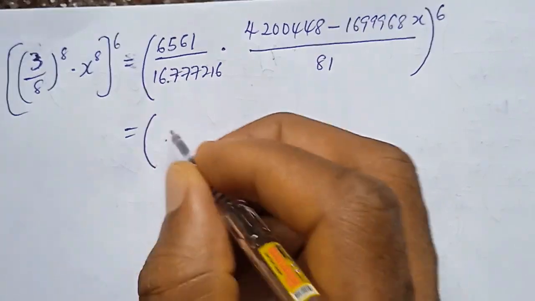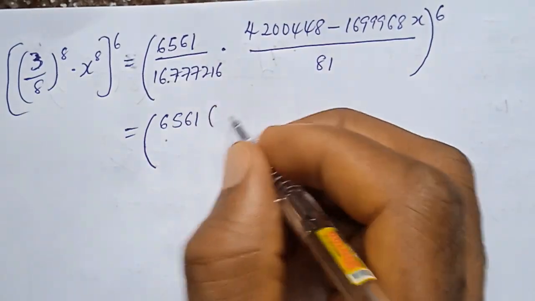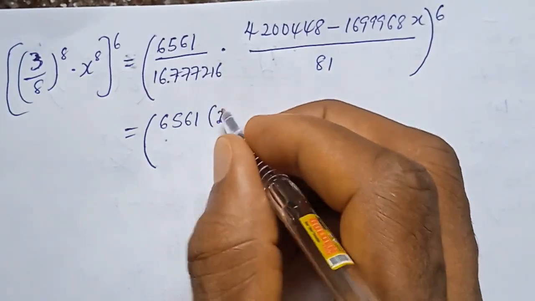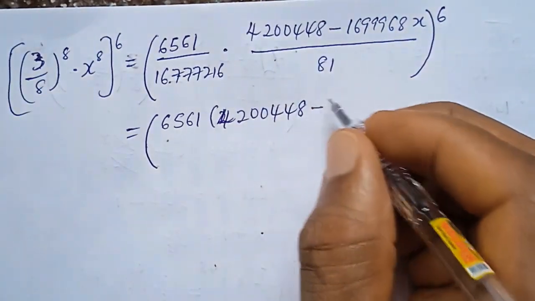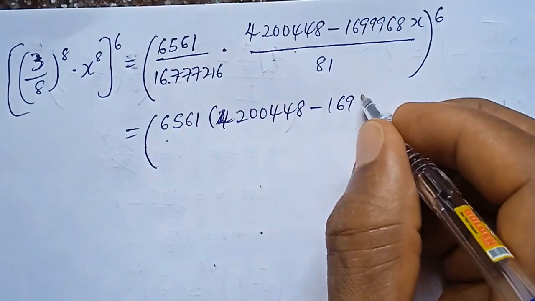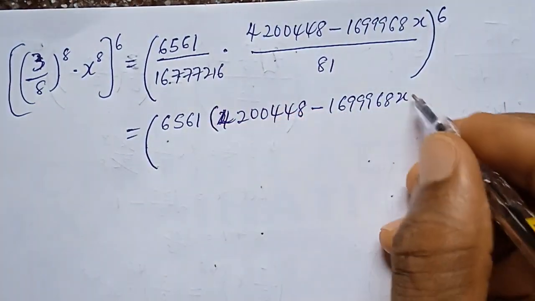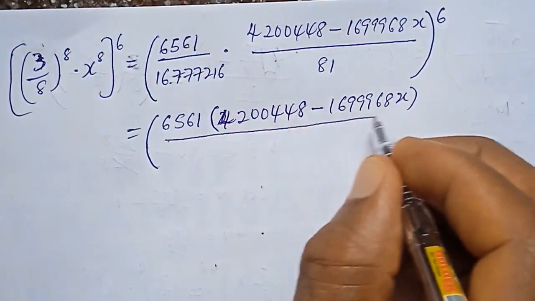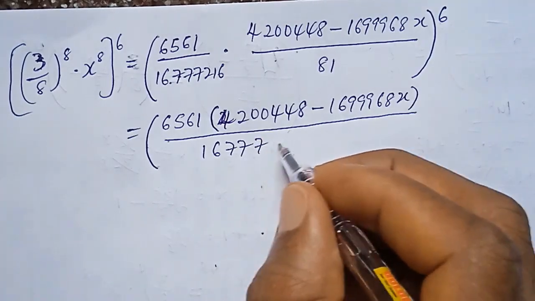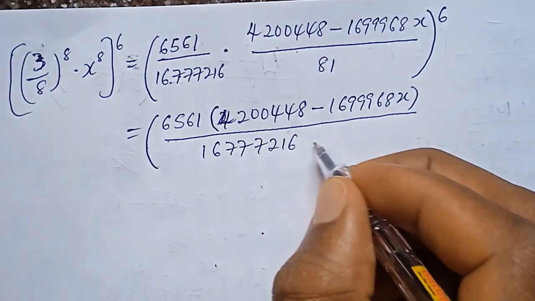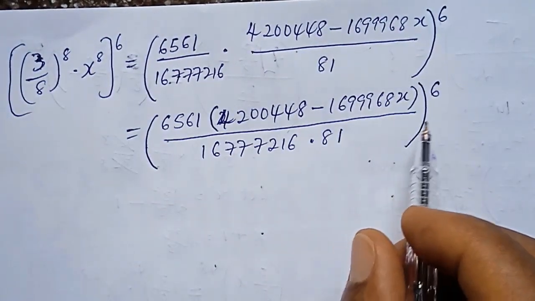We now have 6,561 into bracket 2 into bracket 4,200,448 minus 169968 x, this into bracket, over 16,777,216, then multiply by 81, everything into bracket power 6.